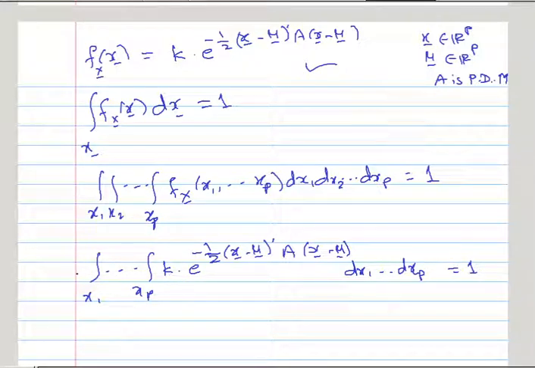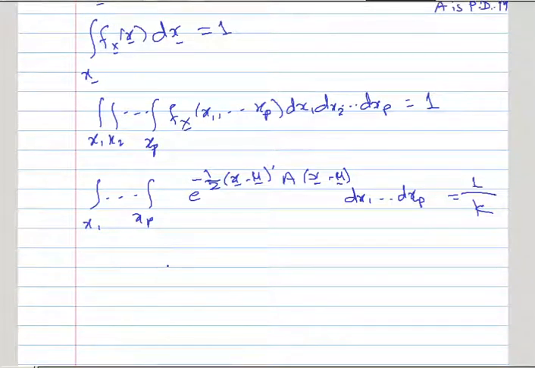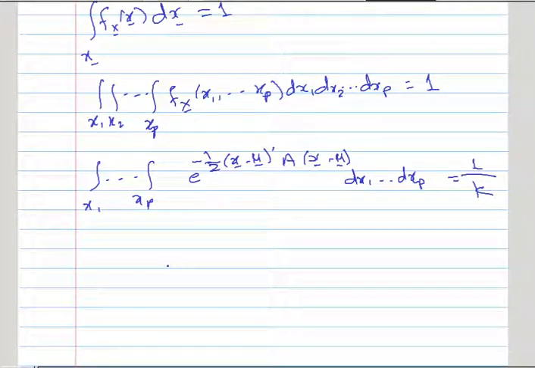So we can take this k outside of the integration, and once we take it outside, we can bring it to the other side. So on the right hand side, instead of 1, I will write 1 upon k. This k is taken to the right hand side, and the integration of this particular thing will be 1 upon k.